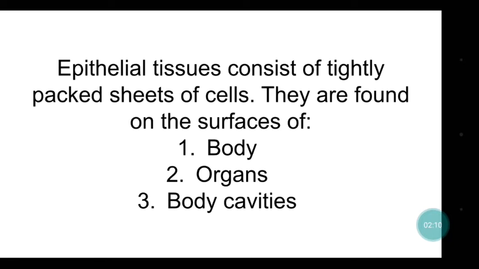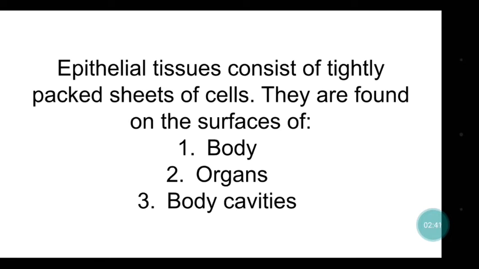Skin is made up of epithelial tissues, so our body covering is made up of epithelial tissues. Our body covering is nothing but the skin, and skin is an organ. The largest organ in the human body is the skin, and it is made up of epithelial tissues.